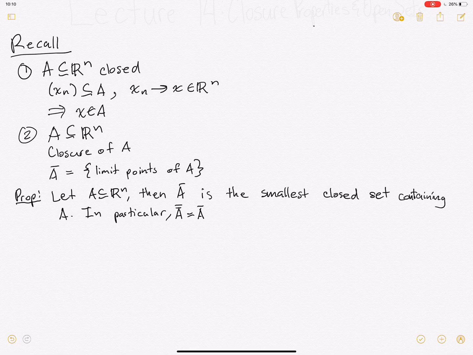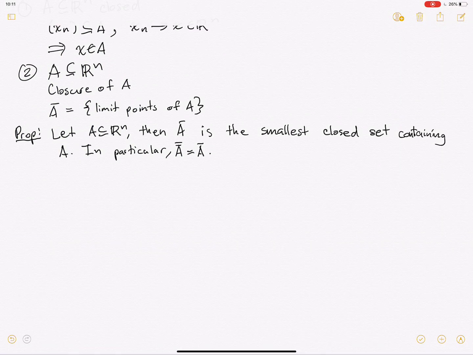Don't get confused with the notation. The bar here means closure, and a double bar is just equal to A bar, which might not be the case if you use some other notation for A bar.